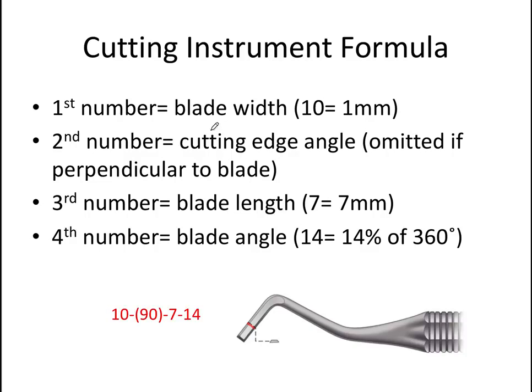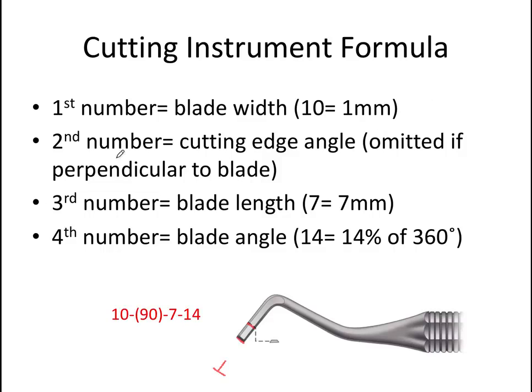The second number refers to the angle of the cutting edge relative to the long axis of the blade. So in this scenario, the blade's long axis is like this, and the cutting edge is like this. So they form a 90-degree angle, and the cutting edge is perpendicular to the blade.